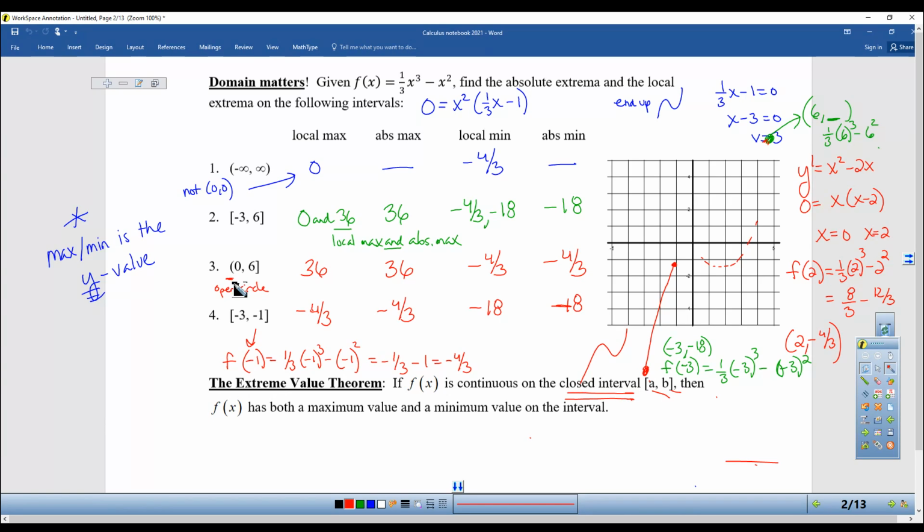Remember, on the open interval, it can mean you don't have a max or a min, but as long as it's a closed interval, it doesn't even have to have any curvature at all. It's going to have a max and a min. It might have lots of things, but if it's closed, it definitely has a max and it definitely has a min. Even if it's straight across, then the max and the min are the same point. And this is called the extreme value theorem.